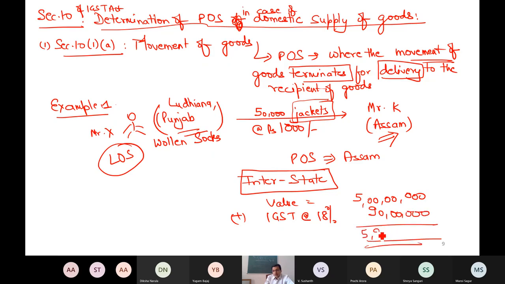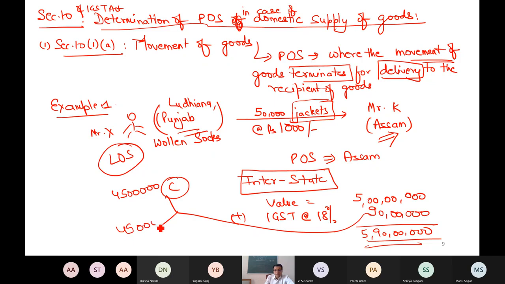Total is 5 crore 90 lakh, and out of this 90 lakh, 45 lakh is the Centre's share and 45 lakh is Assam's share. This is the second work which place of supply has done for me. First it told me that the supply is interstate, and then it also tells me that Assam is the place of supply. I hope the point is clear, the example is clear. Second example.